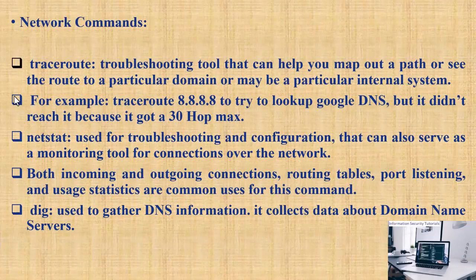But the problem with traceroute is that it has a restriction of 30 hops maximum. So if you use traceroute with Google DNS, for example, it won't reach Google DNS for sure, because it is limited to 30 hops maximum.